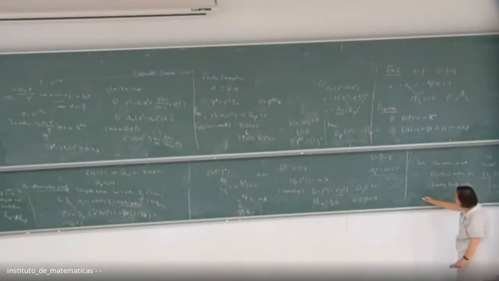The problem is that the behavior of this metric G, the Escobar metric, on the boundary is not known. We only know its scalar curvature is 0, and then we do not really know more.